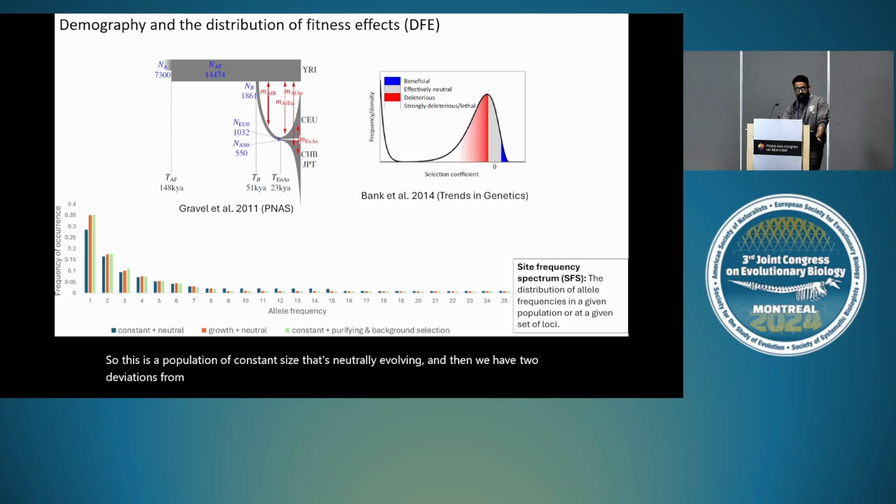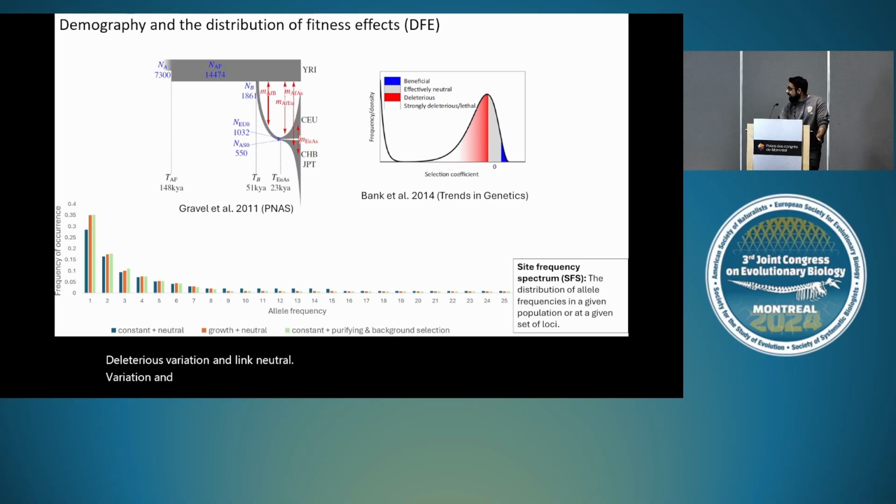In orange, a population that's expanding, growing in size, also neutrally evolving. And in green, a population of constant size that is under purifying and background selection, the purging of deleterious variation and linked neutral variation.